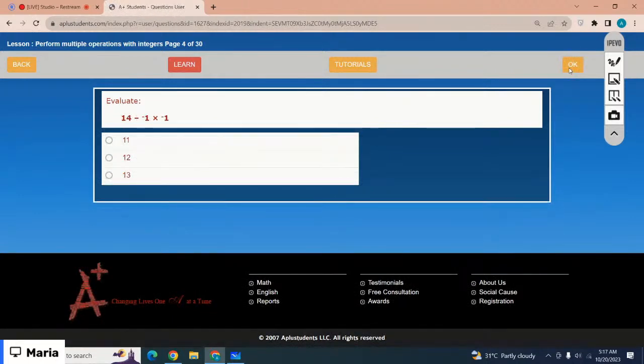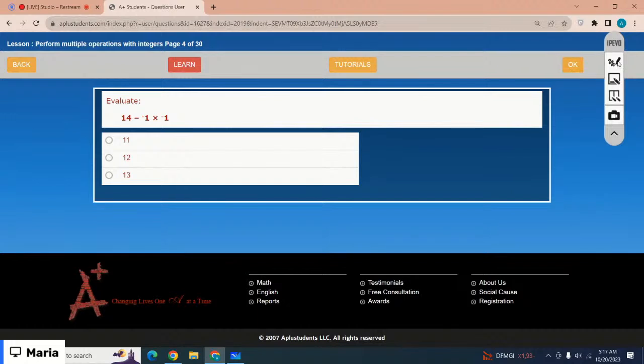Okay, 14 minus 1 times negative 1. So which one you have to do first? First of all, you have to multiply, right?